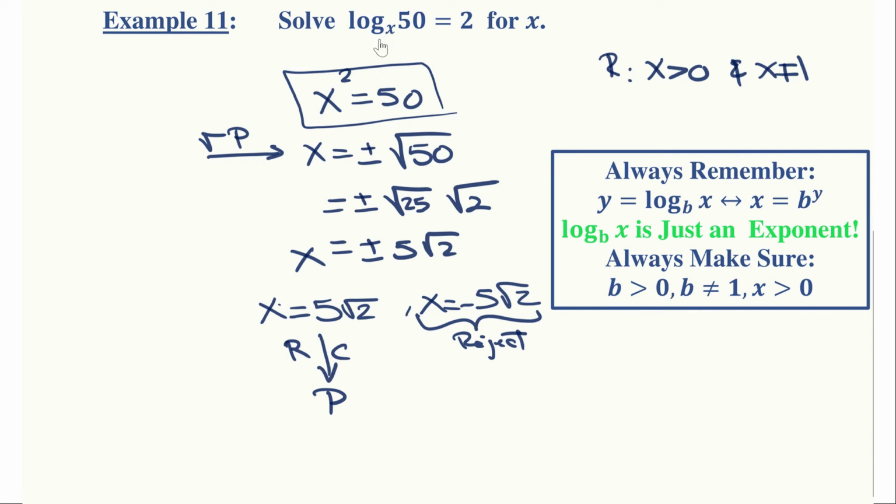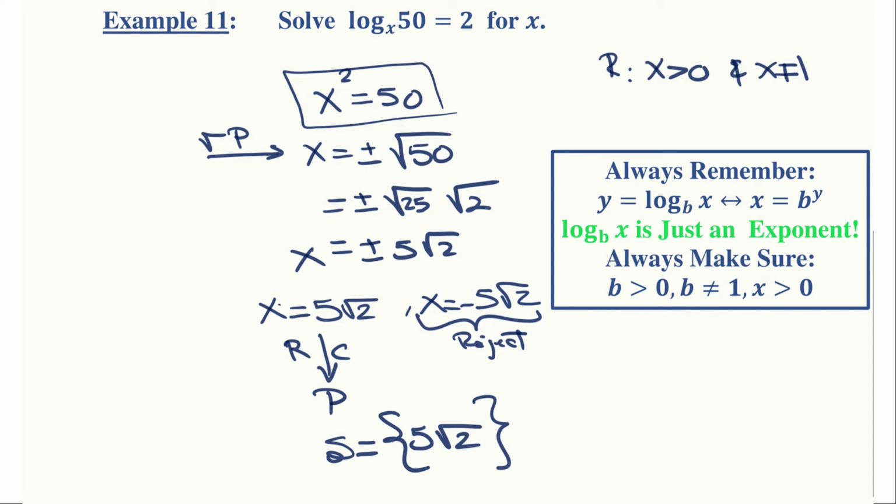But because x is the base of a logarithm, we must reject any negative choices, or 1, or even 0. So we want the base to be positive and not 1. So there's only one solution. If you want to write it as a solution set, we would only include the 5 radical 2. And that would be it.